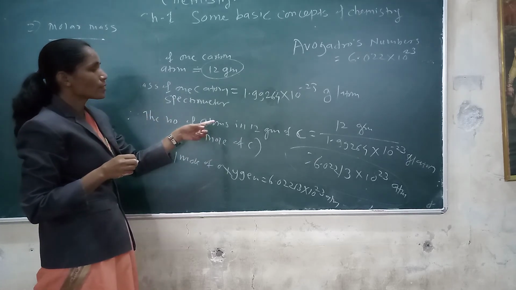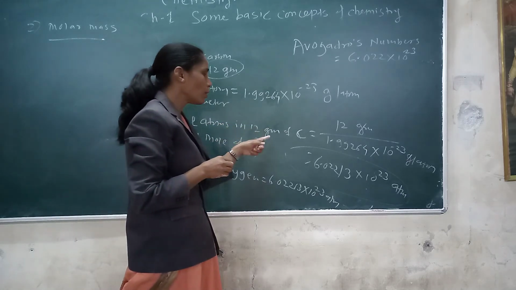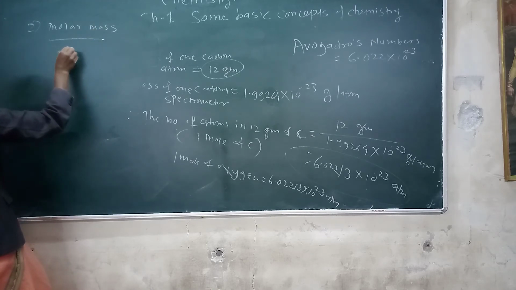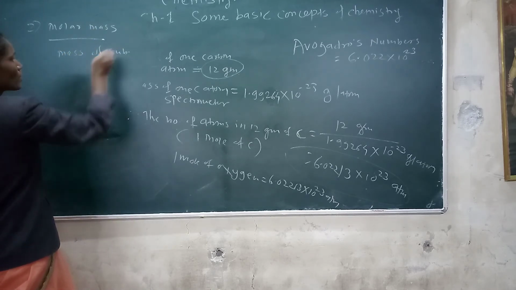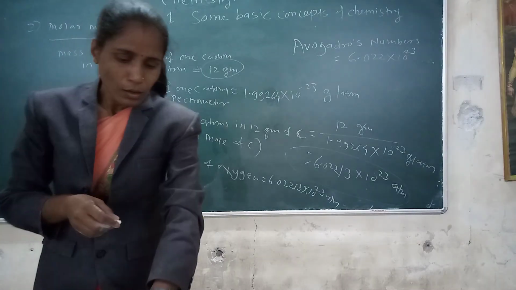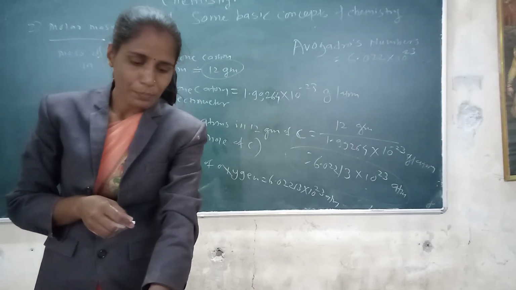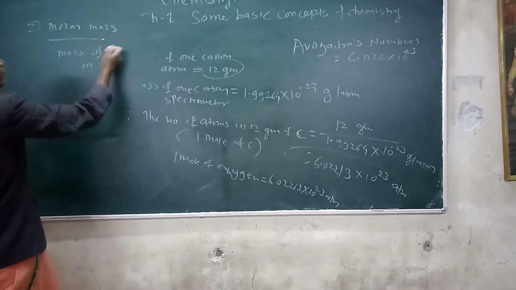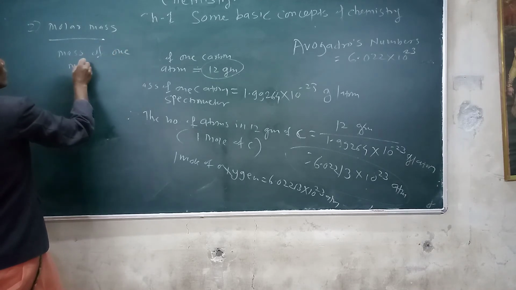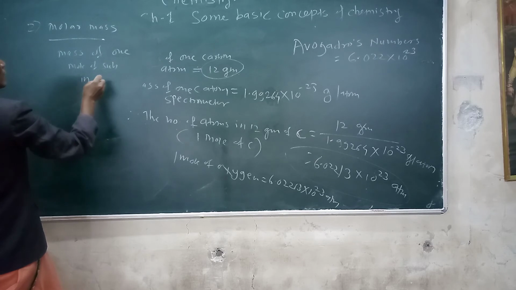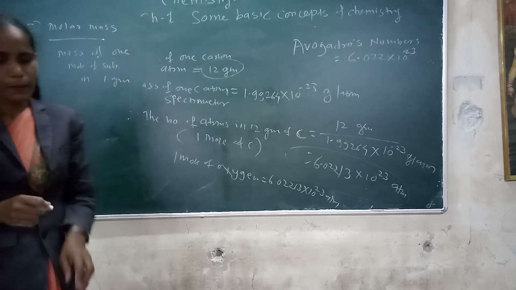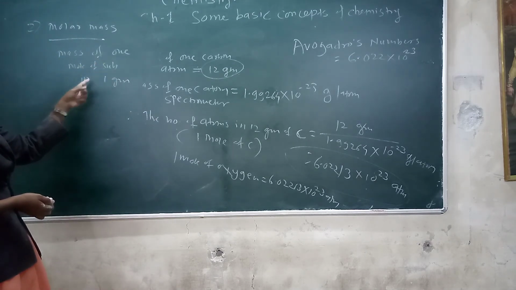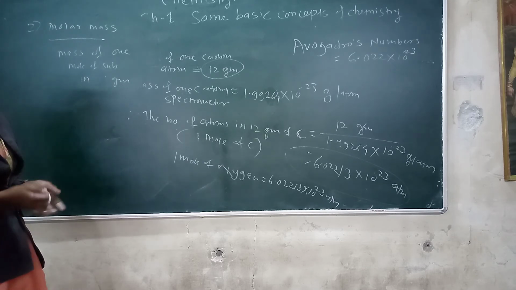The number of atoms in 1 mole is Avogadro's number, and here molar mass is the mass of 1 mole of substance in gram.